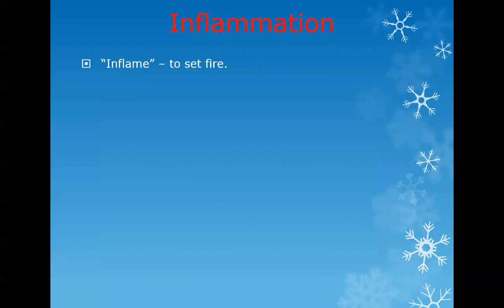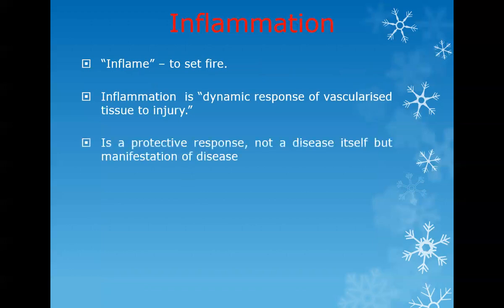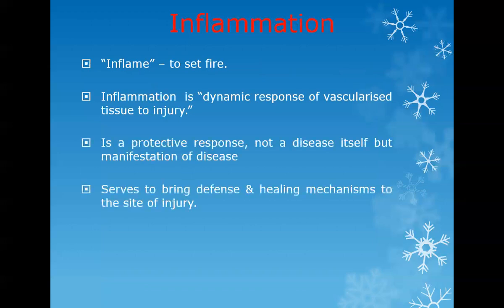Now, inflaming fire means something is burning there, right? And it's a dynamic response, as I said, of a vascularized tissue, a manifestation of the disease. It's not a disease, but it's a manifestation, and serves to bring defense and healing processes together. It is classified into two main groups: acute and chronic.